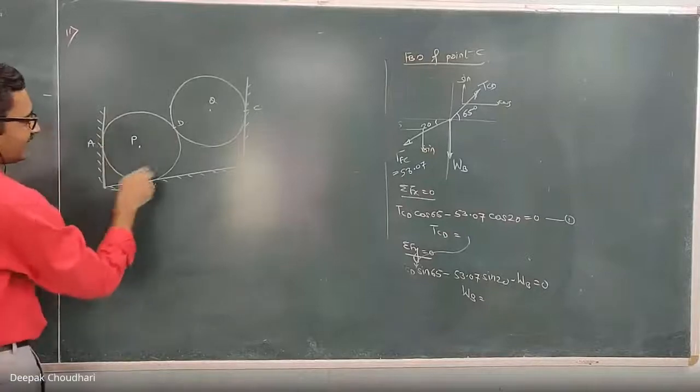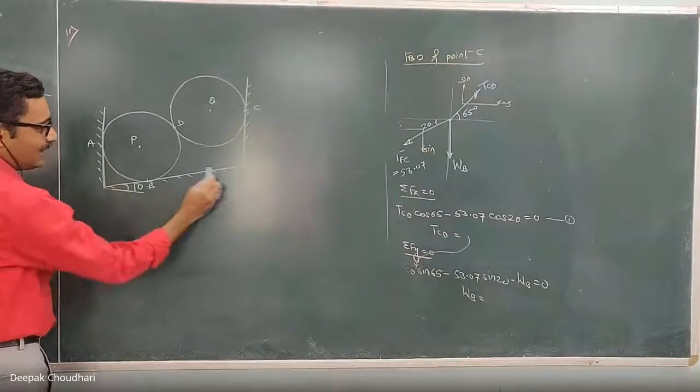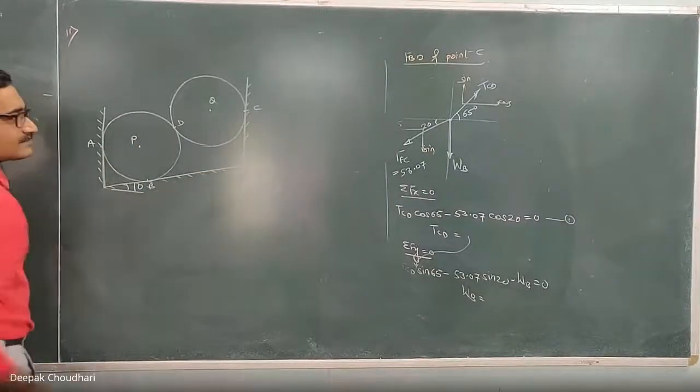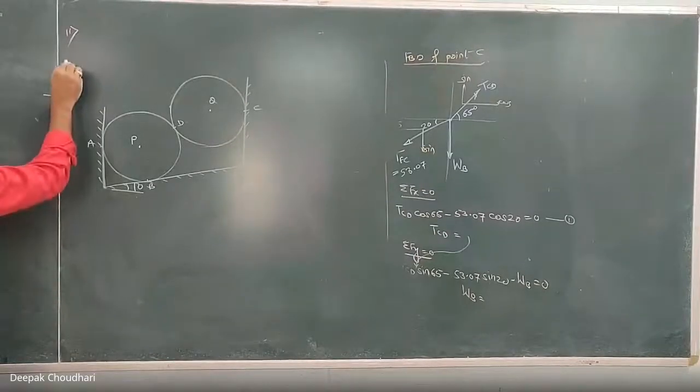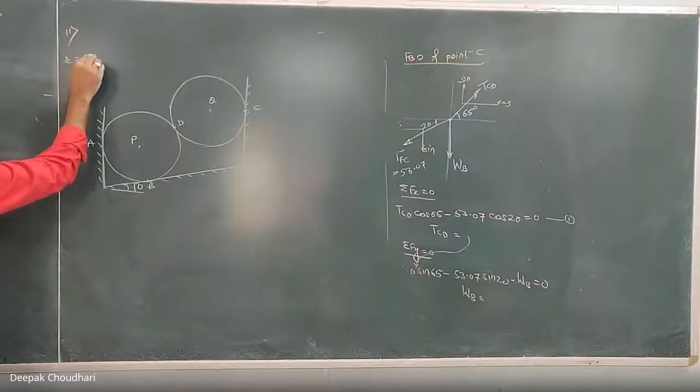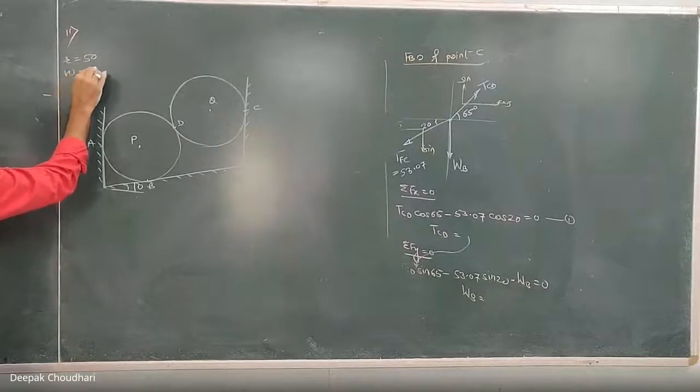Here, this cylinder is touching to this base, but this cylinder is not touching to the base. Okay. Here, so what is given? Two identical cylinders, diameter of 100 millimeter and weight of each cylinder is 200 Newton. इसका diameter 100 है, मतलब radius is 50.